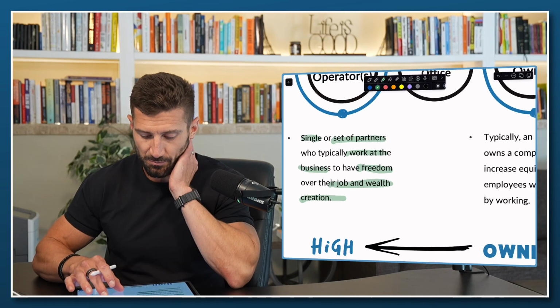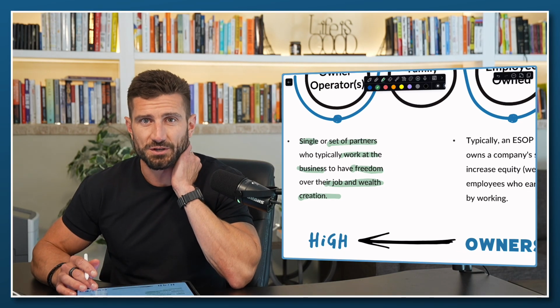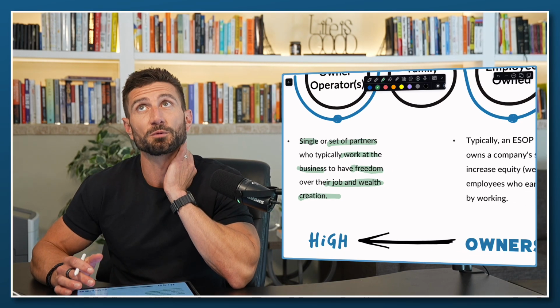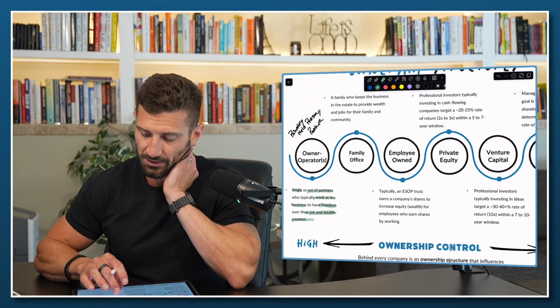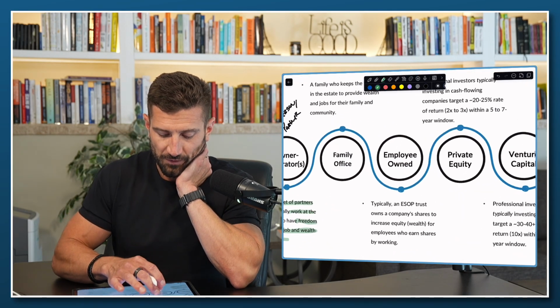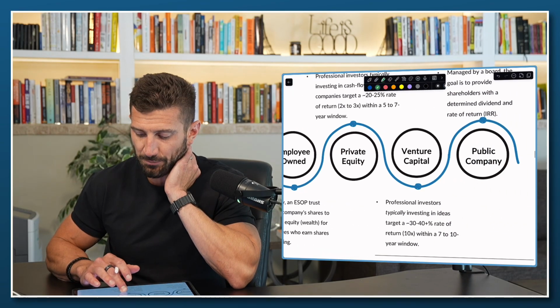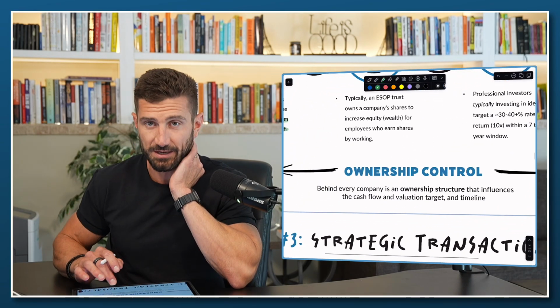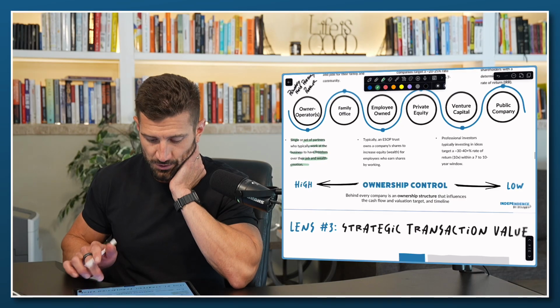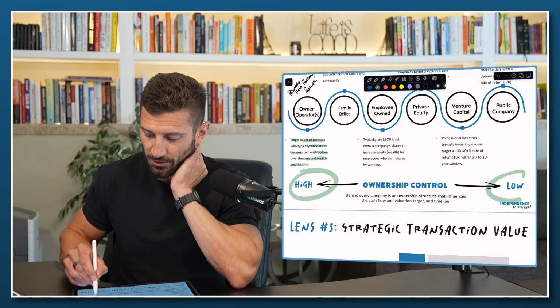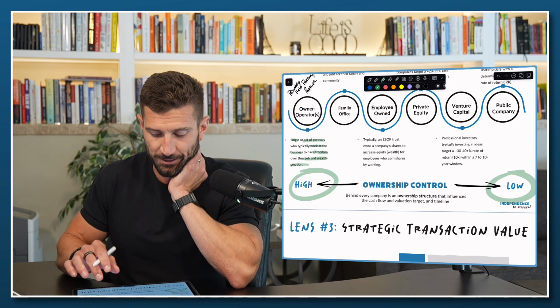So in this bucket, there's a lot of people called acquisition entrepreneurs, but if you think about this whole spectrum, and I'll just quickly give you a bird's eye view. We have family office, employee owned, private equity, venture capital, and public company. And there's a spectrum of ownership control where you have higher ownership control over here and lower ownership control over there.